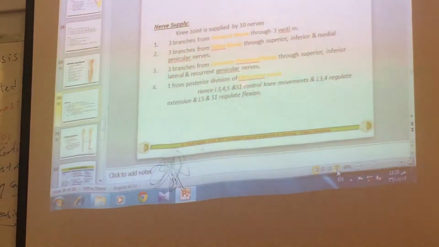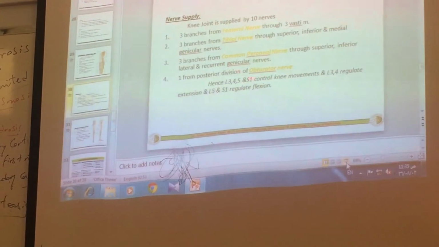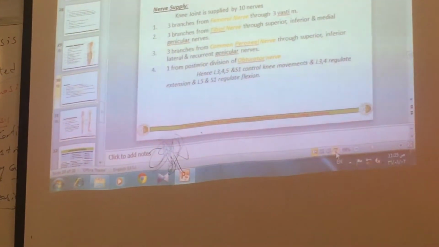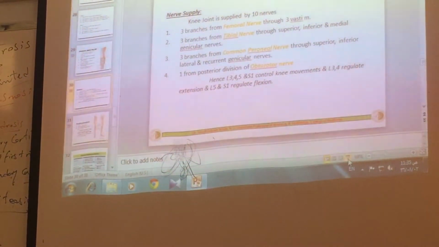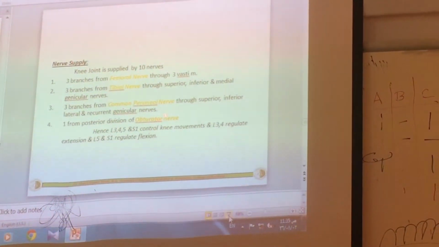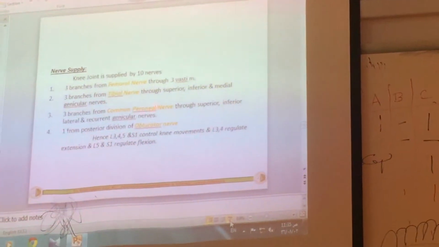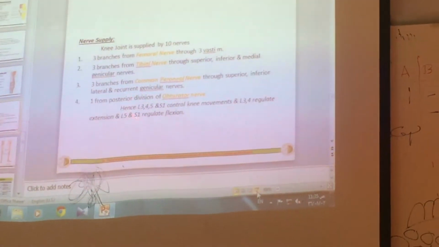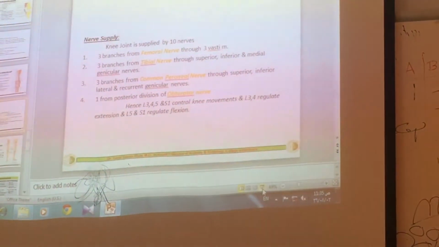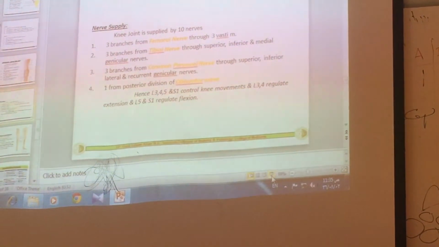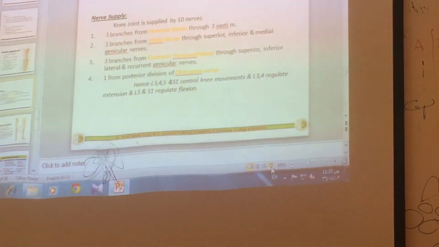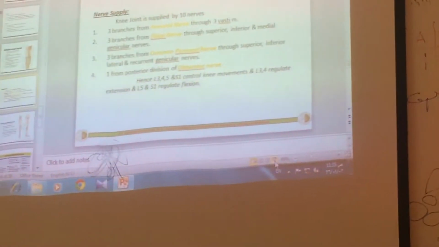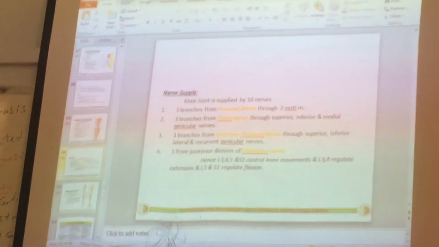Then the sciatic nerve and its branches, that is the common peroneal, as well as the obturator nerve, all will be giving branches. So they are the muscle nerves of the three compartments. Femoral nerve for the anterior compartment, obturator nerve for the adductor compartment, and the sciatic nerve, that is the tibial and common peroneal, for the posterior compartment. All will be supplying the knee joint.